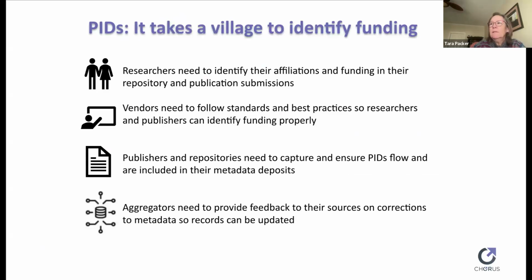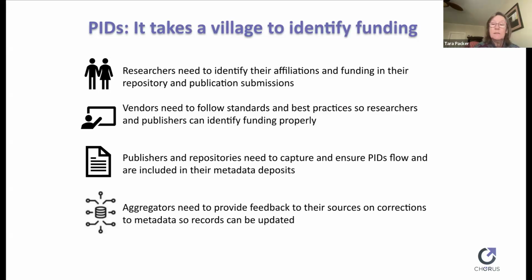So it's going to take a village, like anything else, or everything, I should say. Researchers are going to need to make sure that they are identifying the correct funding in their submissions, whether that be through manuscript tracking systems or whether that be in the acknowledgement sections, or there might be a request for a separate funding section in their submissions.